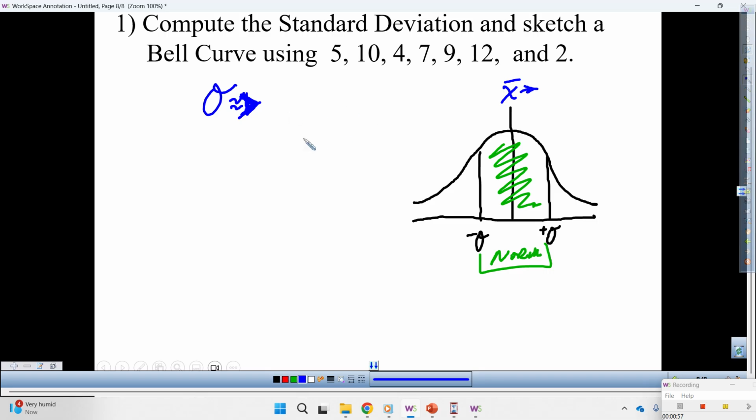Check with the neighbor, mean and standard deviation, what they get. Jake says 7 for the mean. Hans, have you got 7? That is correct. Now we need a standard deviation.